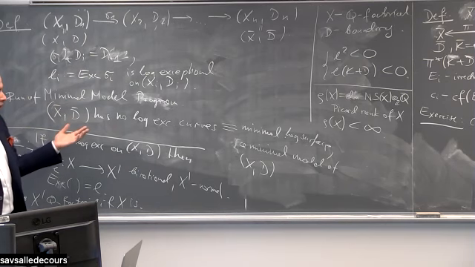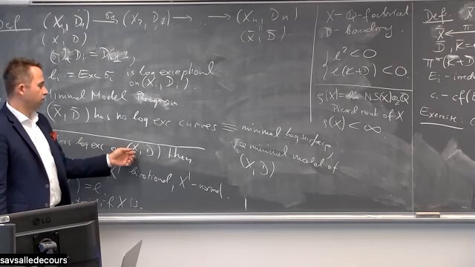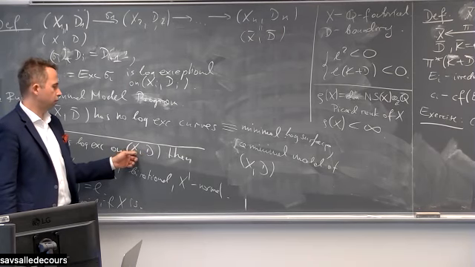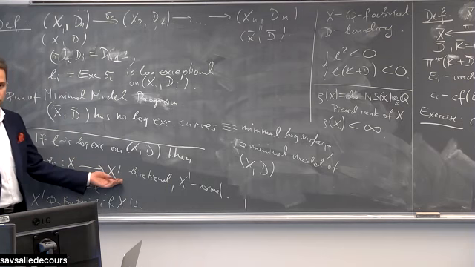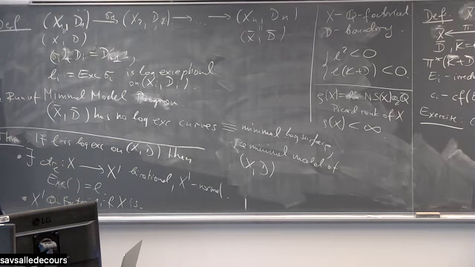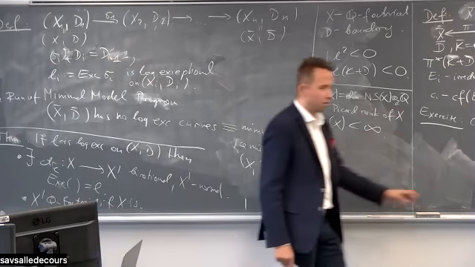You need to describe the structure of the cone on the side where it's negative with respect to K_X plus D. You prove that it's locally polyhedral. Then you study extremal rays. To such rays, you have the associated contraction morphisms, but the contraction morphism usually does not give you an image which is Q-factorial. If it's not Q-factorial, then you need to do something else, which is called the flip. Then you have the question whether flips terminate, whether flips exist, and so on and so on.